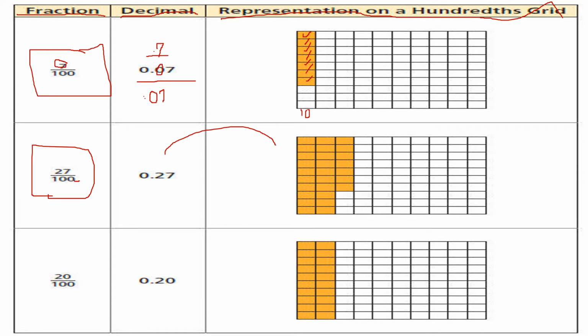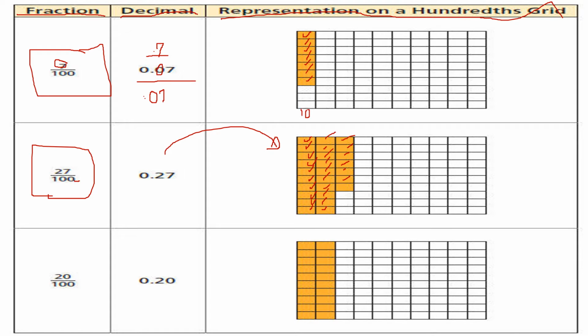So if we're going to compare in the diagram, count the number of shaded boxes over here. So this is 27 all in all. Okay, it's 27. And how many boxes altogether?